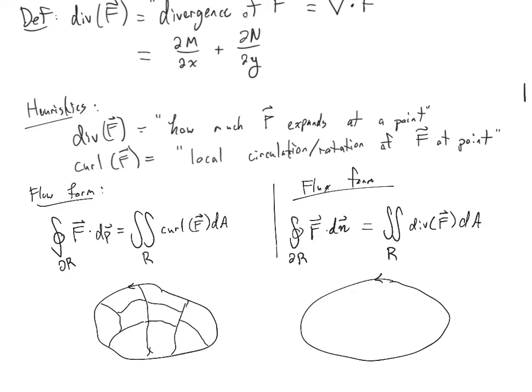And after you do this, as you walk around this one here, by adding up all of the local flows in this little region, you understand how much f is flowing around this boundary.